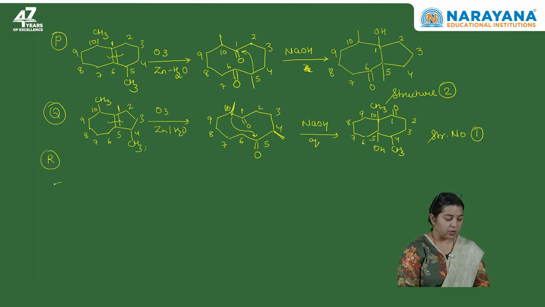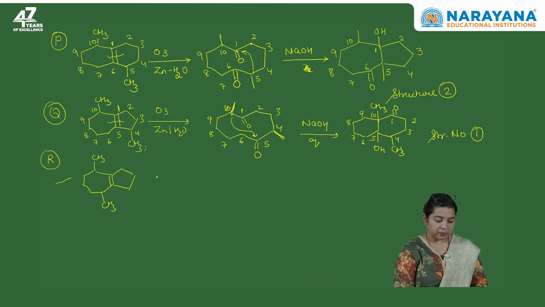Repeat the process for R. In the case of R, we have something quite similar to Q, but with a slight position change. What is the position change? They have this 5 and 7 ring, but the methyl is now here only. Both methyls are in the 7-member ring.